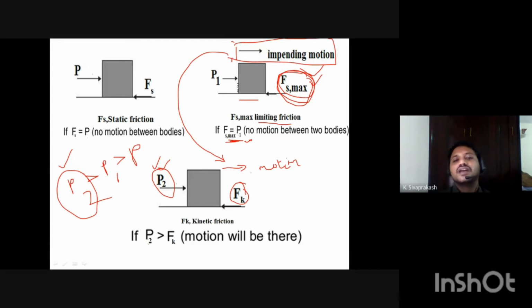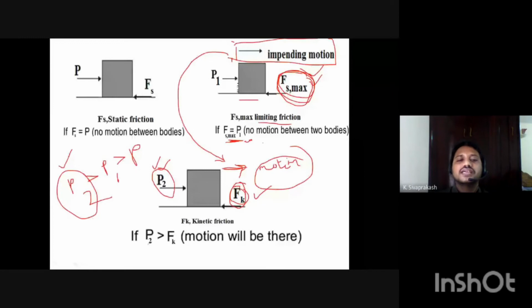So when the frictional value reduces, the motion starts. That motion is known as impending motion. It is the onset of sliding or slipping, which starts when the frictional value reaches the maximum, Fs max, the limiting frictional value.